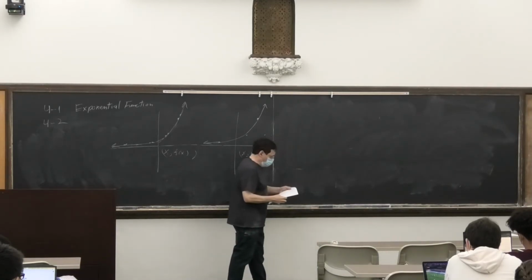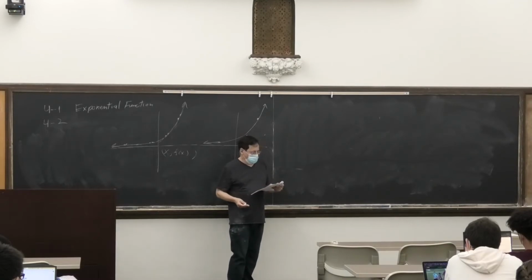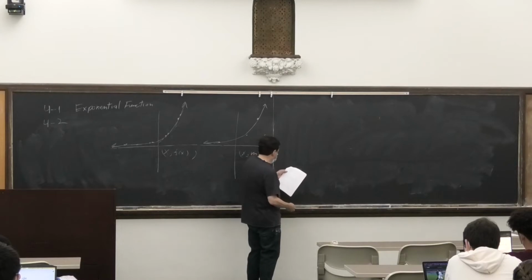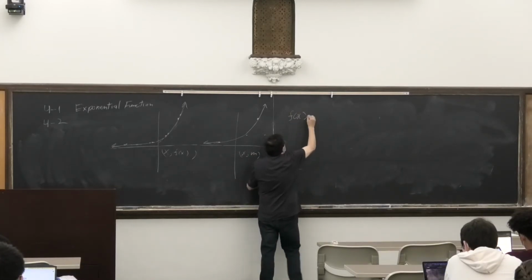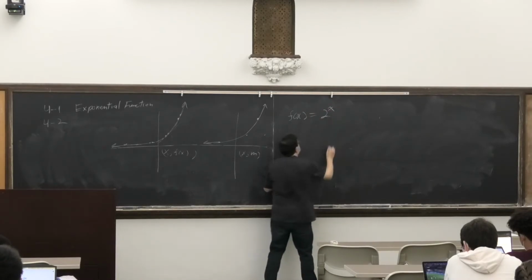So let's say you have some exponential function, and you want to evaluate it at some points. f of x equals 2 to the x.